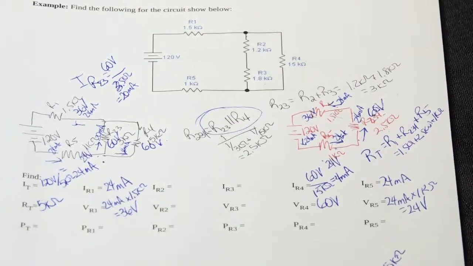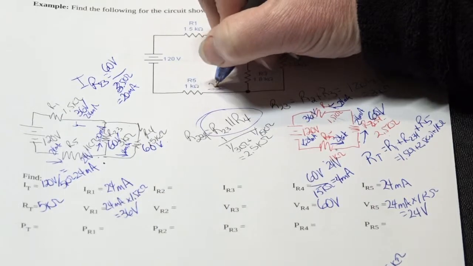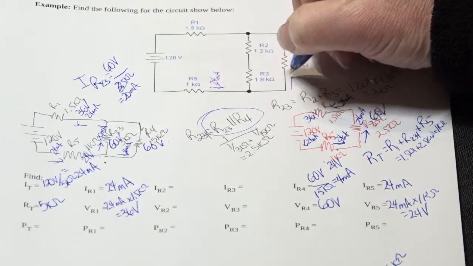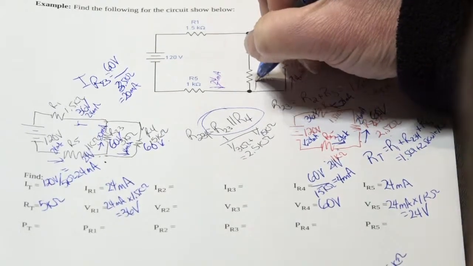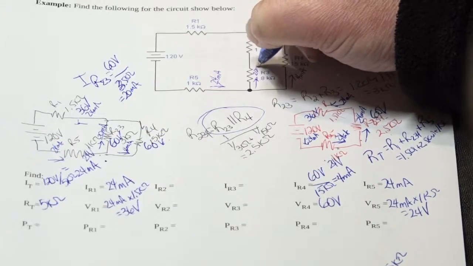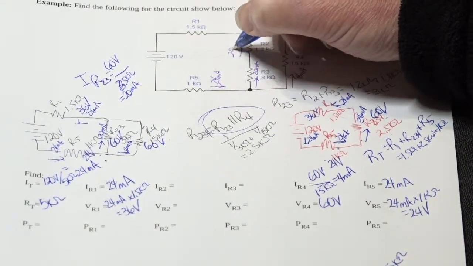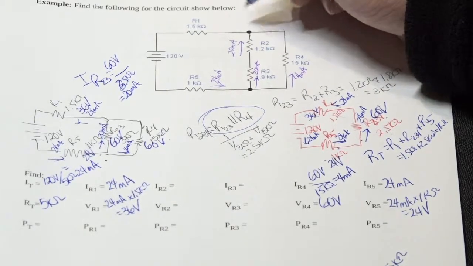Now if we take that information back to here, so let's go ahead and write down what we've got. We've got 24 milliamps going here. We've got 4 milliamps going here. We know we have 20 milliamps going there. And since these are the same path, that means we've got 20 milliamps going through here as well.